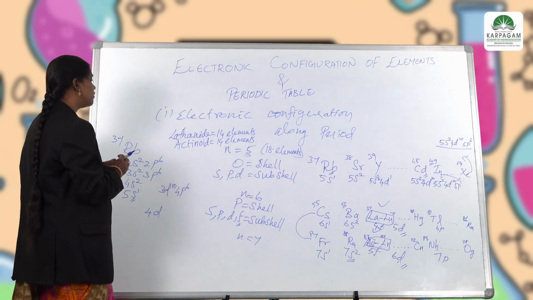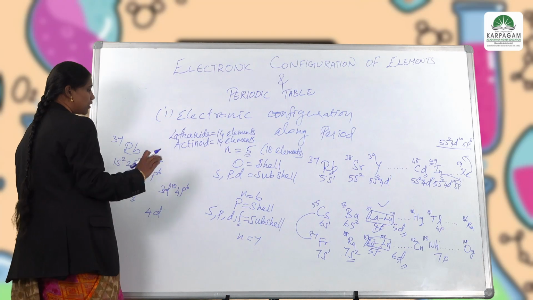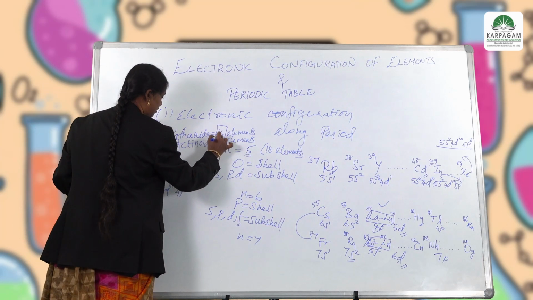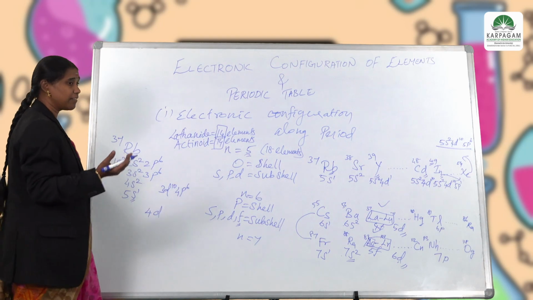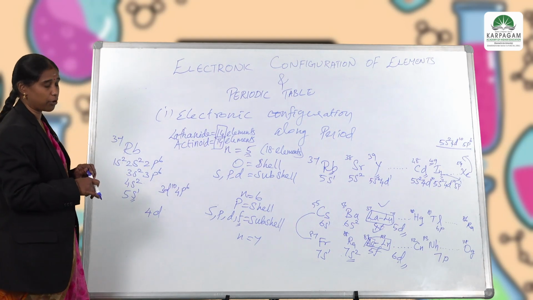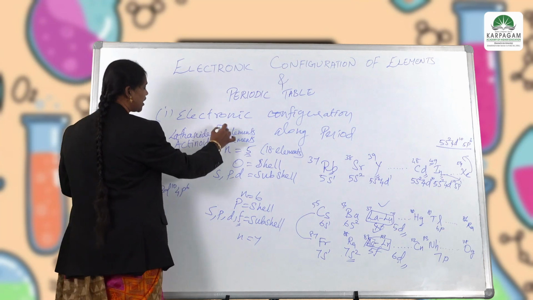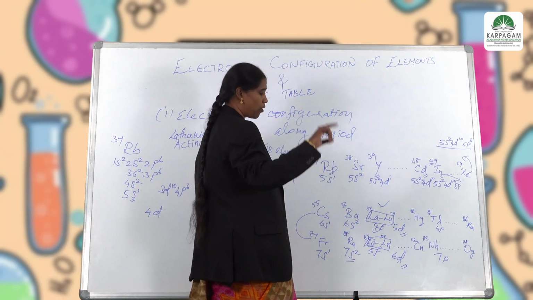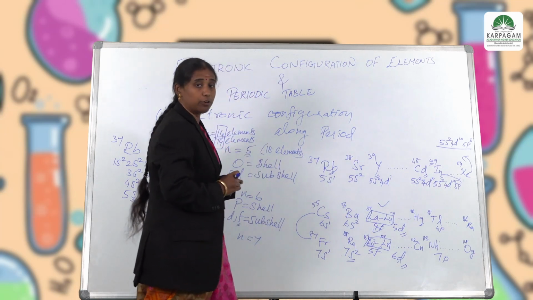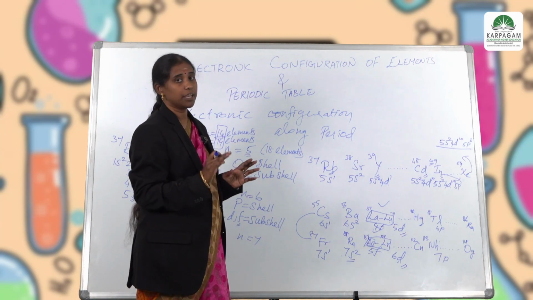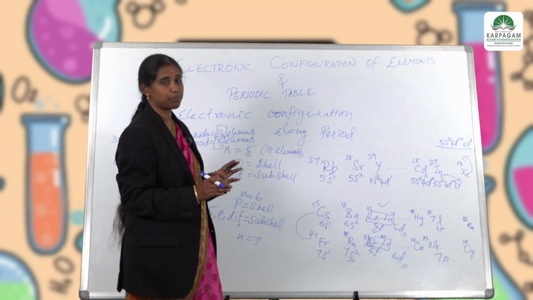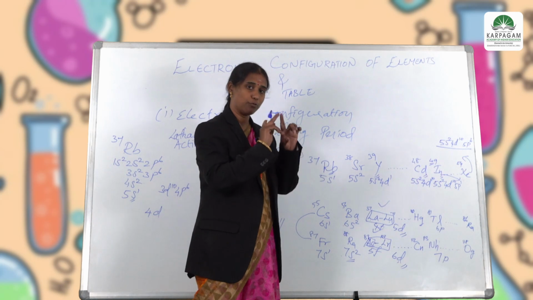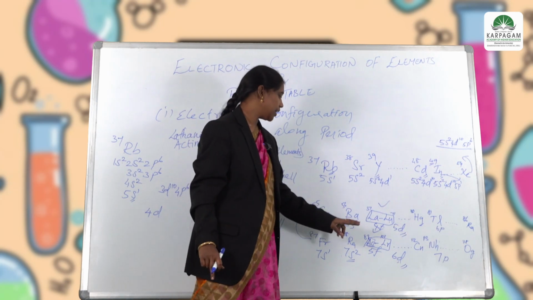Why they belong to 4f and 5f means these 14 elements have the same physical and chemical properties. So that's why these 14 elements are mentioned in one box in the periodic table.